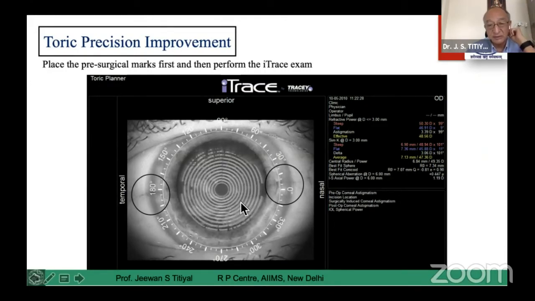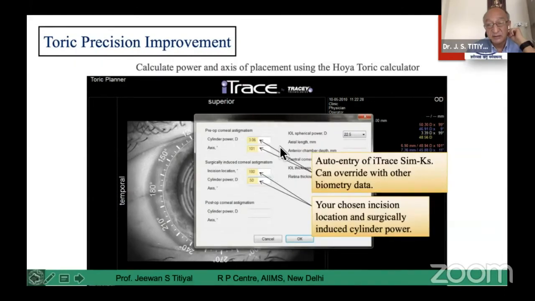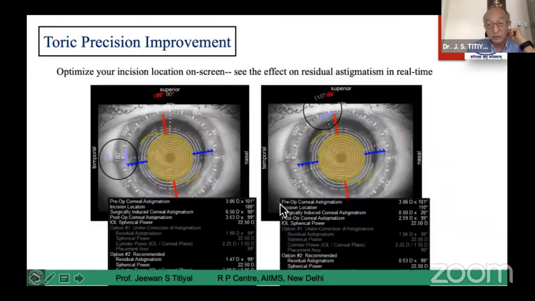The same thing is explained here. You can enter your pre-op cylinder, axis, incision location, and your SIA, and it gives you a new area of concern. And it can also tell you what is going to happen if you shift your incision. If you have a 180-degree incision, this is your area of placement for the eyewear.